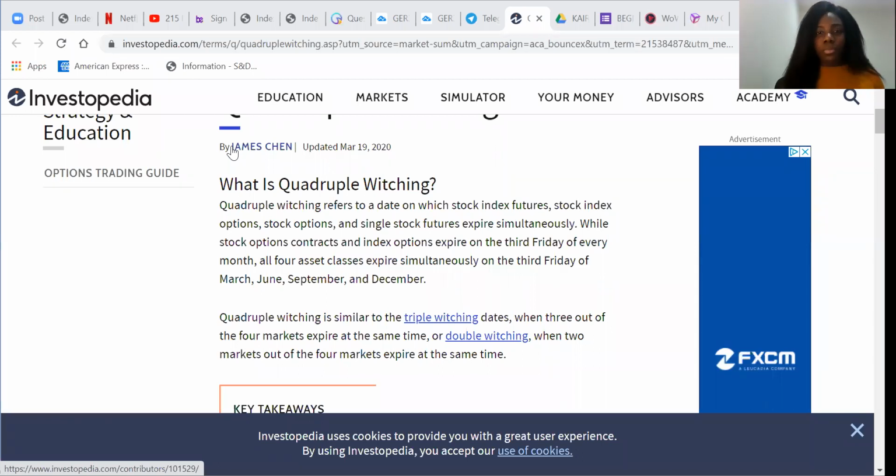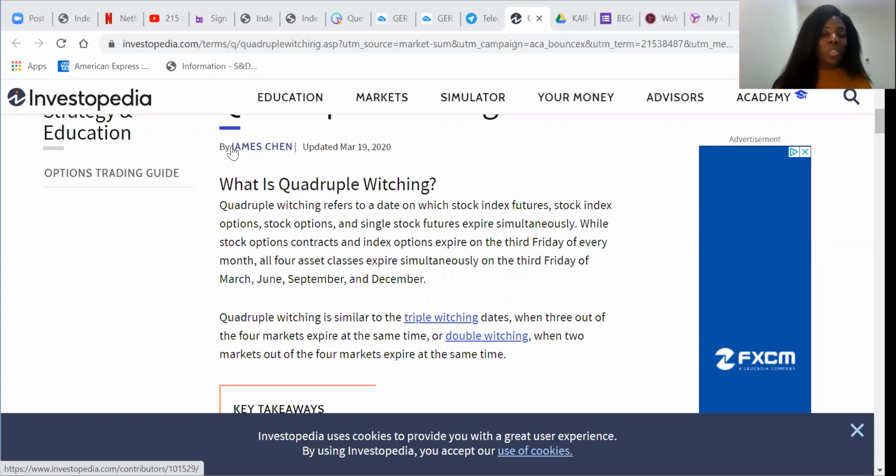So why is this important? Because there are a lot of indices such as DAX, US30, NAS 100, US 200, all of the indices that are a measurement of a group of stocks, that will be impacted because these stock options are going to expire.